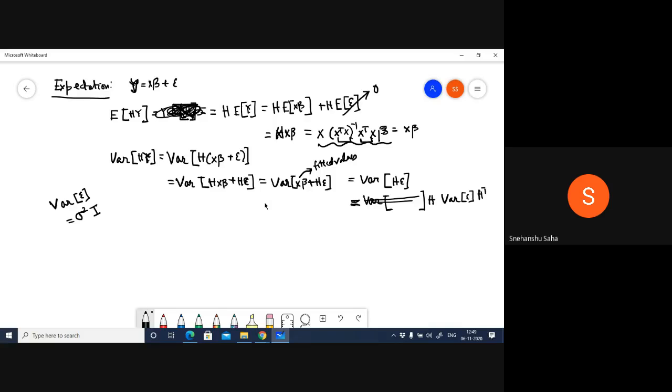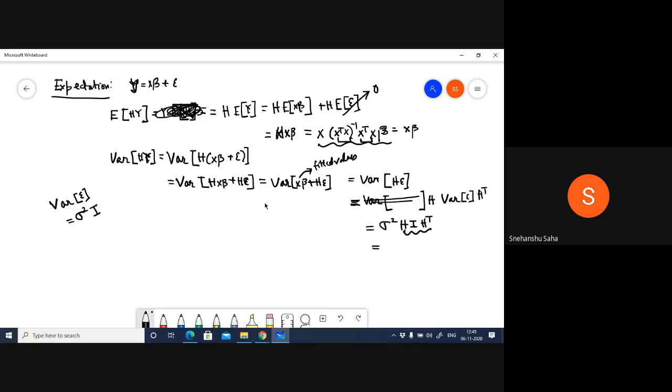So if I do that, then what I have is H, variance of epsilon, the error, H transpose, right? And this variance of epsilon is sigma square I. Now, since sigma squared is a scalar, I can just pull it out, and then I have H I H transpose, which will turn out to be H square.